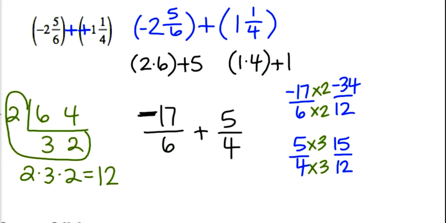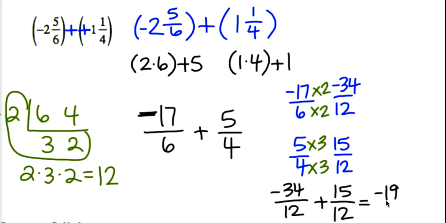So I'm going to add together negative 34/12 and 15/12. Negative 34 fighting 15. Negatives are going to win by 19, and my denominator stays a 12.